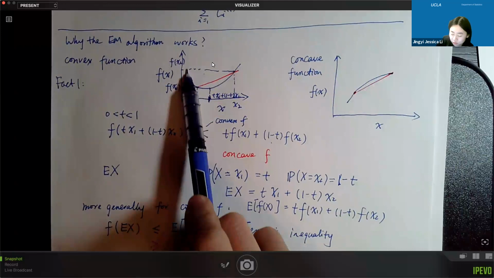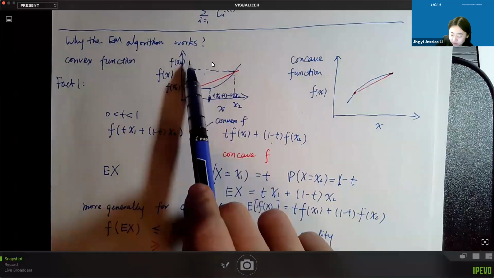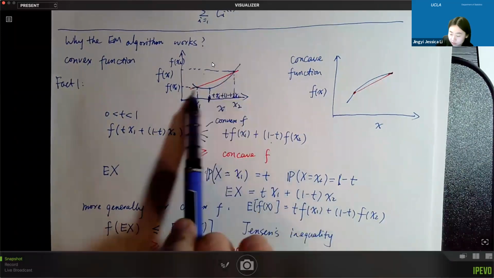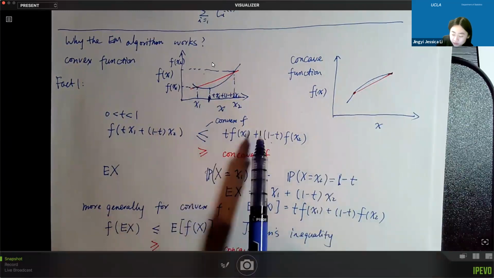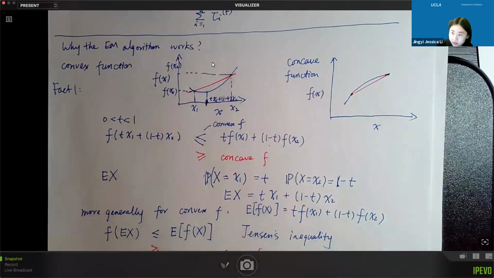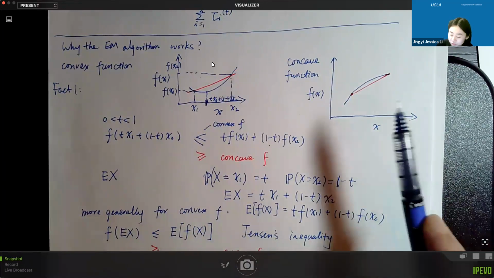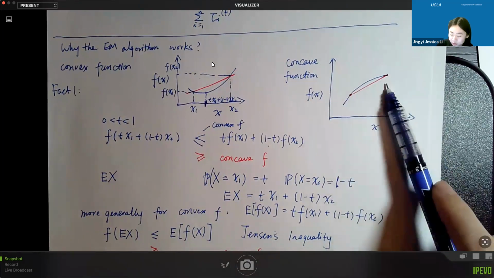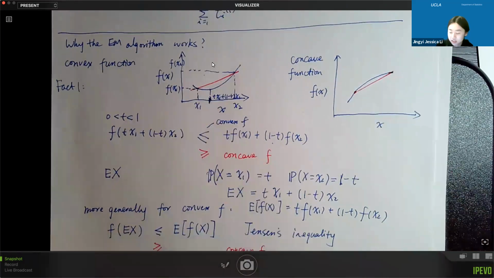This one is the convex function, and this one is the concave function. To help you know which is which, you can remember that the log function is the concave function. If you know the shape of the log function, then you know the shape of the convex function. I think that's just easier for you to not confuse them.